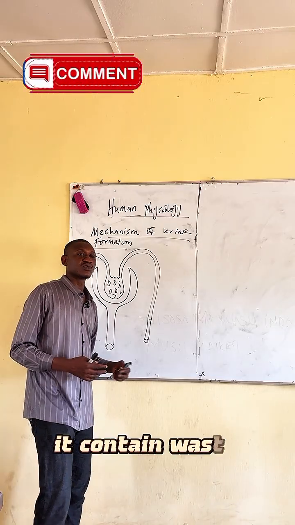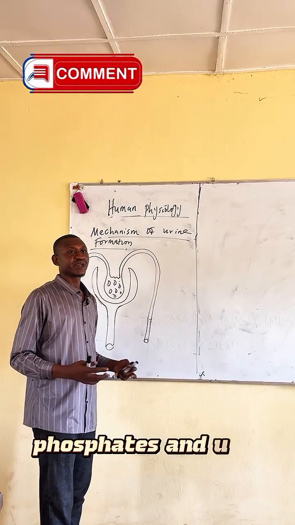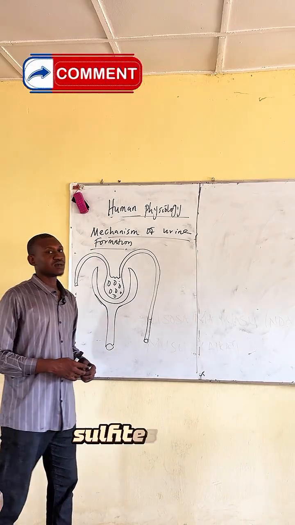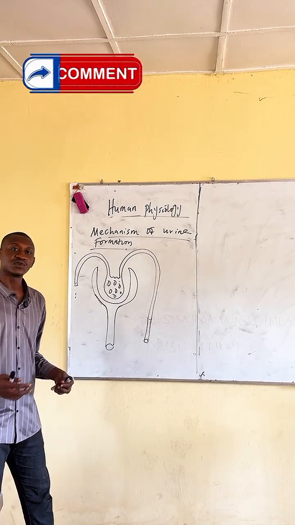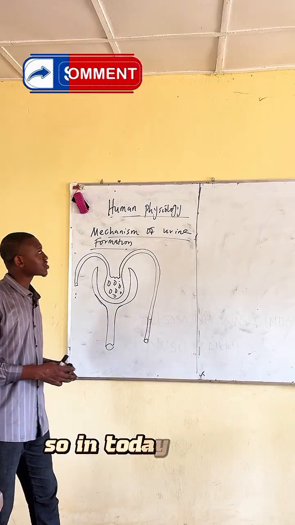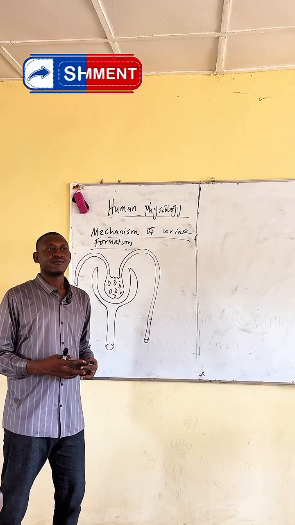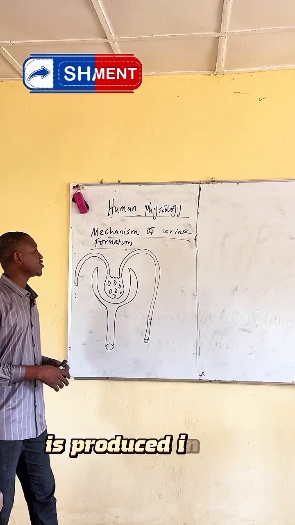It contains waste products such as urea, phosphate, uric acid, ammonia, sulfates, even chlorine. Electrolytes like sodium and potassium are also major constituents of the urine. So in today's class, we'll be looking at how this liquid that contains high amounts of waste products is produced in the human body.